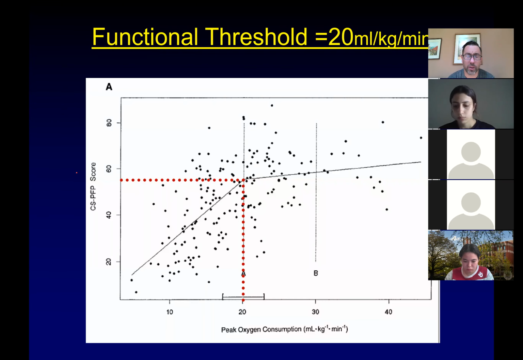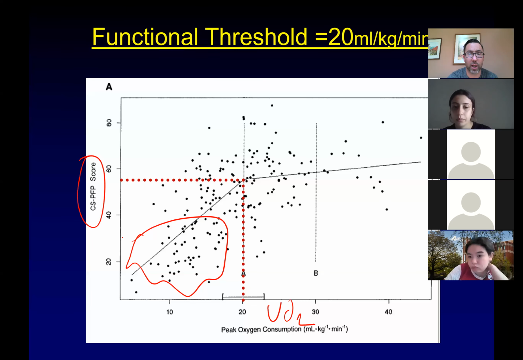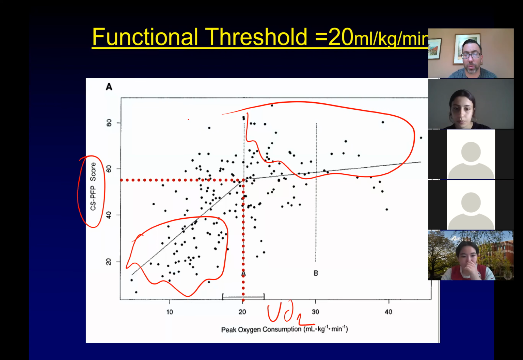And so this is just the graph showing you how you will note that they look at people with their peak oxygen consumption, and their PFP score is here and their VO2 is down here, right? And you will note that people that had very low PFP scores are going to be in this area. People that had very high PFP scores are up here.